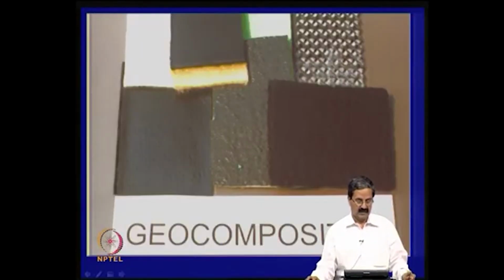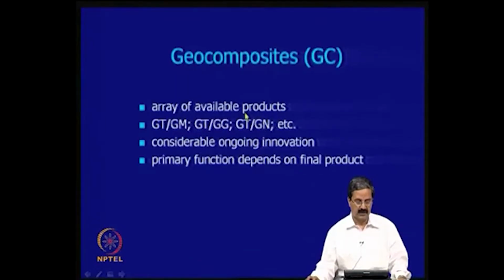And there is another one called geocomposites. Geocomposites are nothing but two materials glued together, and one can be a geomembrane at the top and at the bottom, it can be a geogrid. Two functions can be joined together. So, geocomposites can be a geotextile and geomembrane glued together, or geotextile and geogrid together.